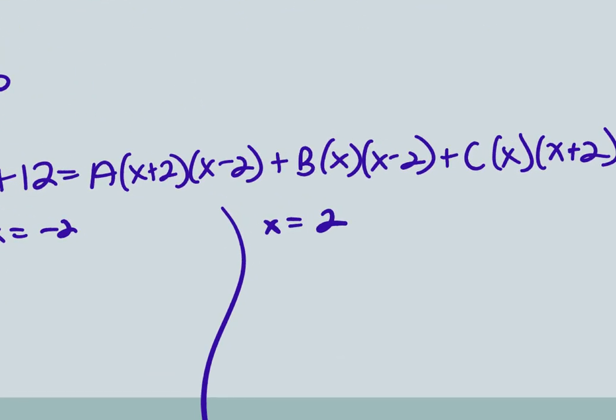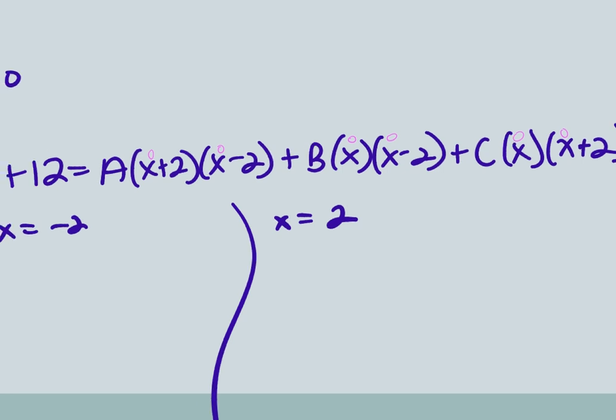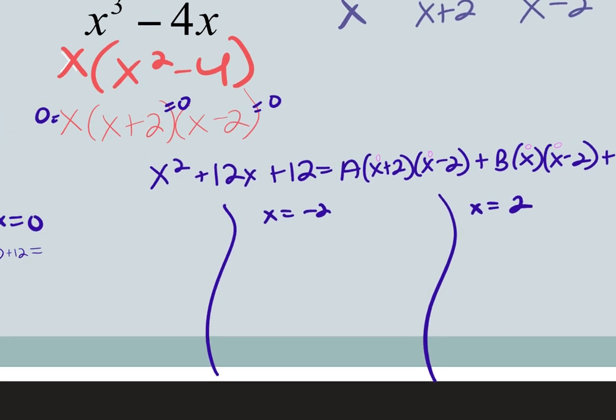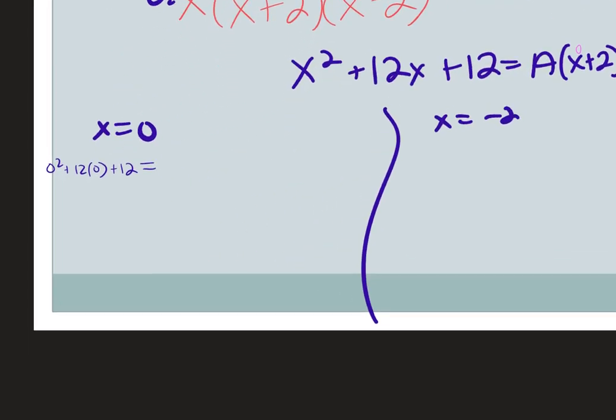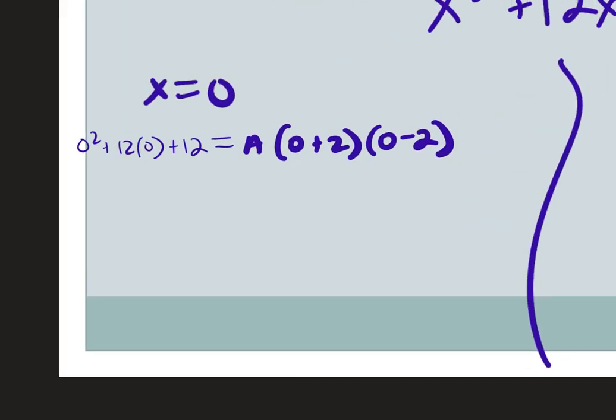Which of these will become 0 and go away? B and C, right? Because they would both be multiplied by 0. So instead of writing those out, I'm only going to grab the one that would have stayed, which is A times 0 plus 2 times 0 minus 2. So I just eliminated a lot of writing.